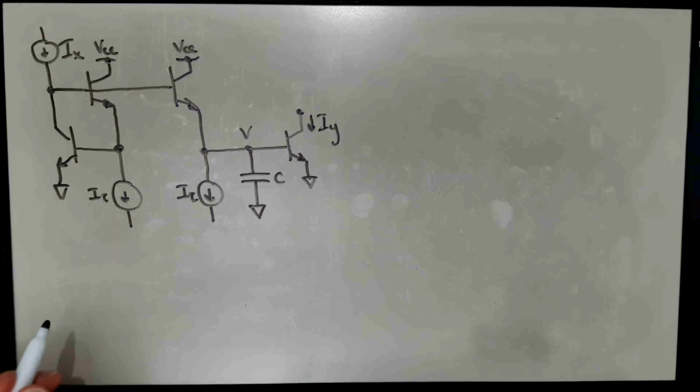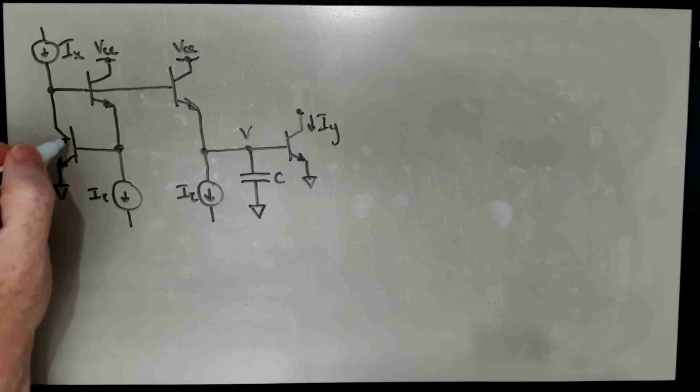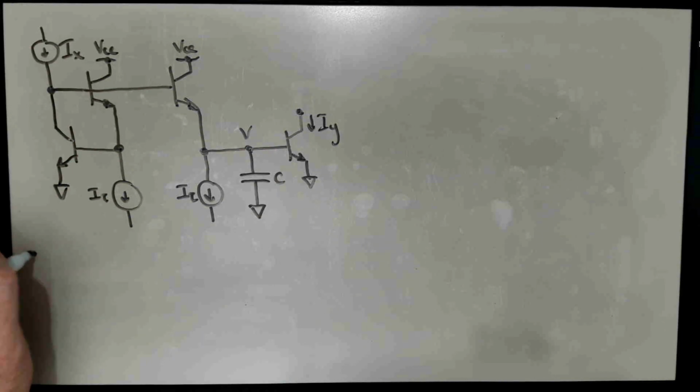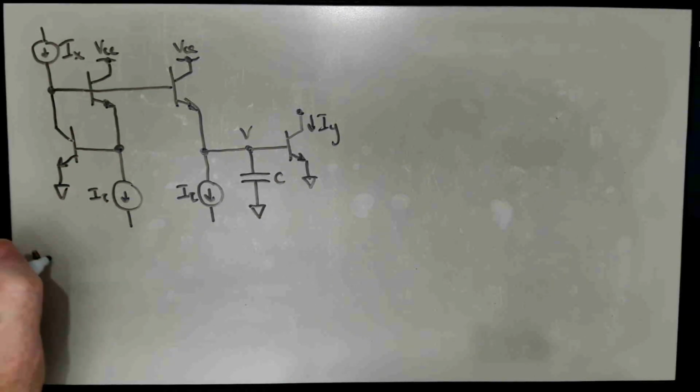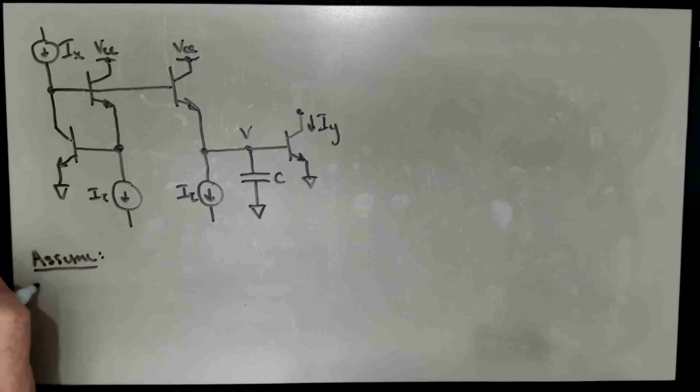And here we're going to make our standard assumptions about the transistors being ideal. No base currents, no Early effects, so we're going to assume same matching and same temperature.